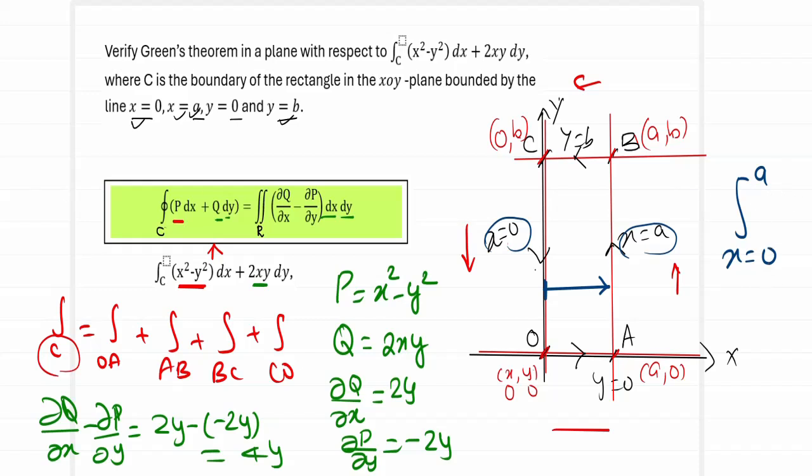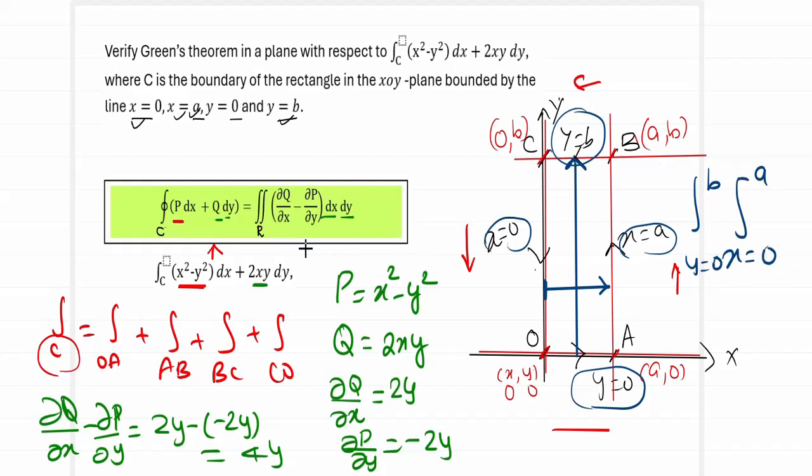Now in the direction of y, where does your y vary? Y varies from the bottom to the top. So tell me, where is your lower point of y and where is your upper point of y? Y begins its journey at 0 and ends its journey at b. So my double integration is happening between 0 to a and 0 to b.